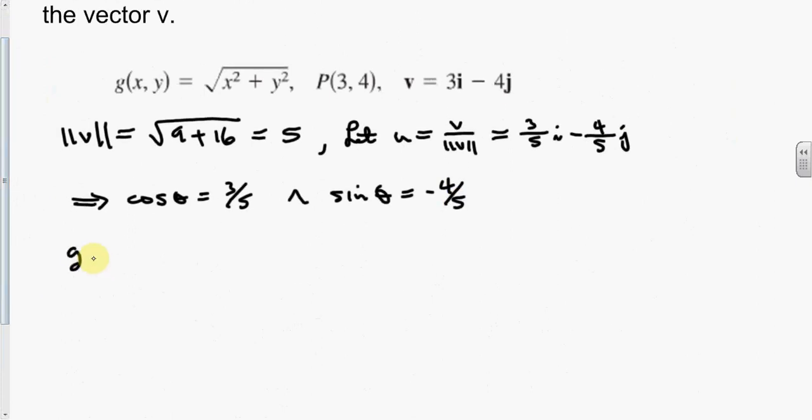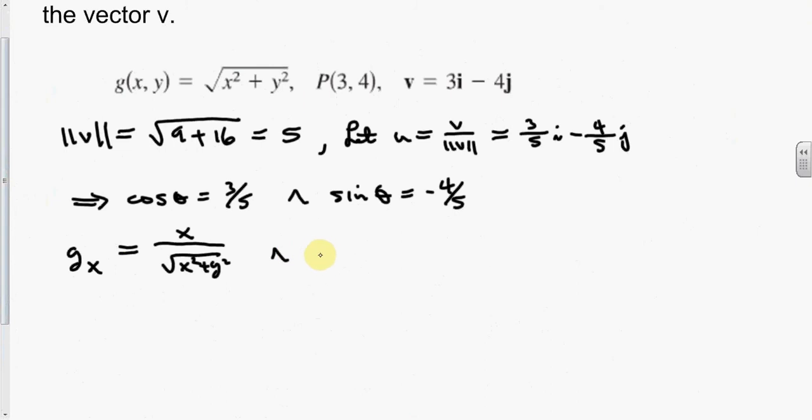So now we need the partial derivatives. The partial of g with respect to x is 1/2 times x squared plus y squared to the negative 1/2 times 2x, which just becomes x over the square root. You remember that?